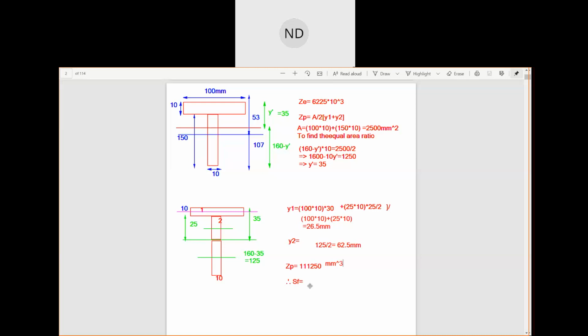I think the shape factor for this is around 0.7, similar somewhat.